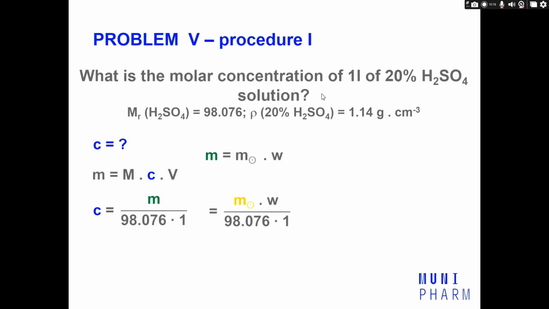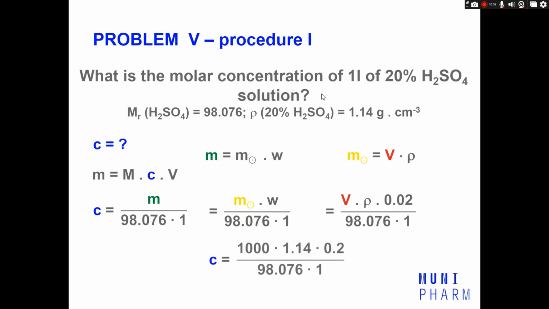So I will substitute the mass of the sulfuric acid with the mass of the whole solution multiplied by the mass fraction. And the mass of the whole solution, which is also unknown, can be calculated by using the volume and the density. So at the end, the formula for calculating the molar concentration will look like this.